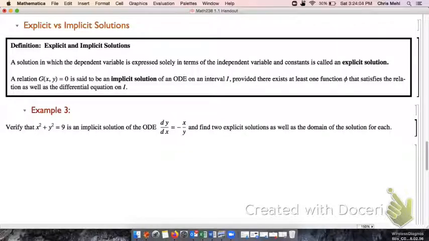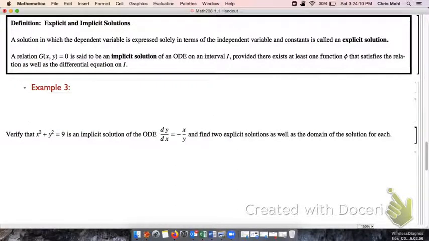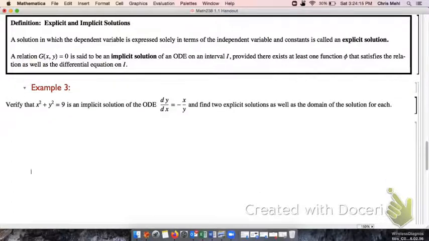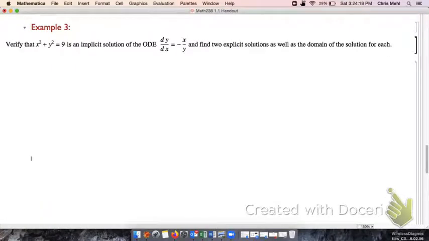Okay, so first of all I want to do a verification. Alright, so to verify, well, notice if you had an explicit solution in the previous problem, you took a derivative explicitly.